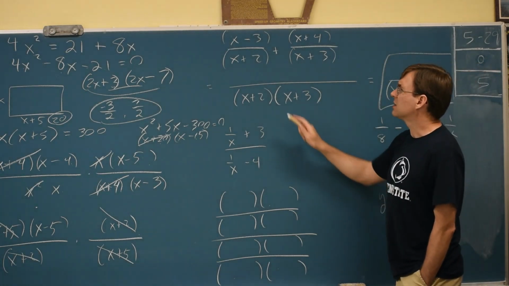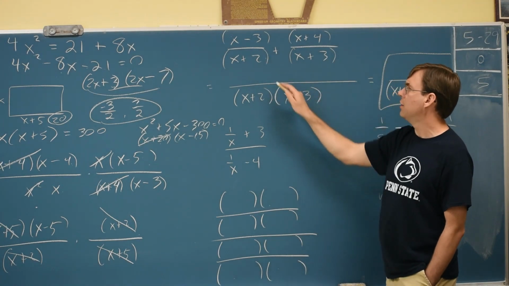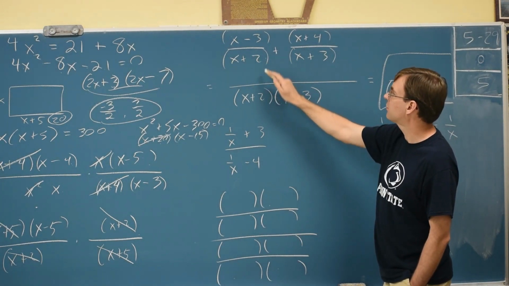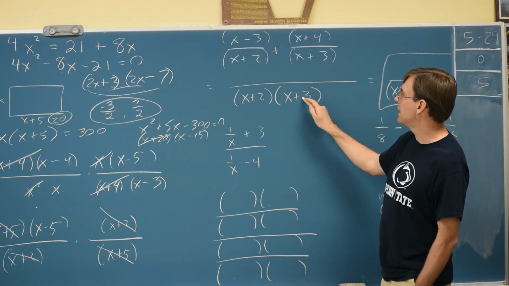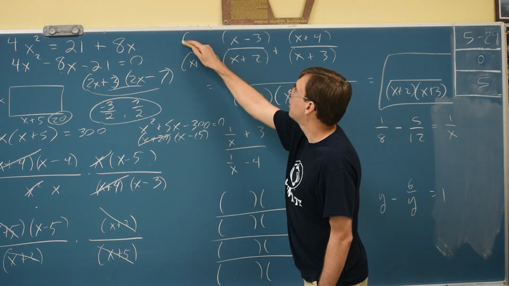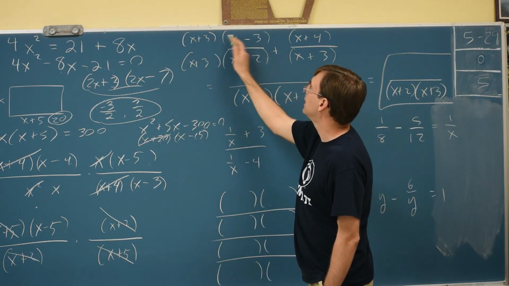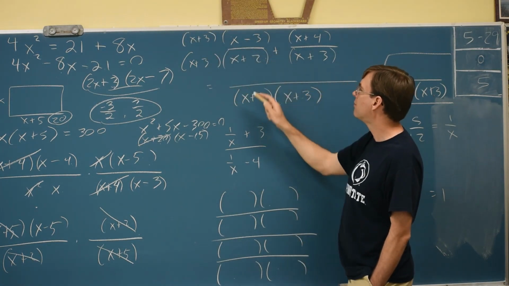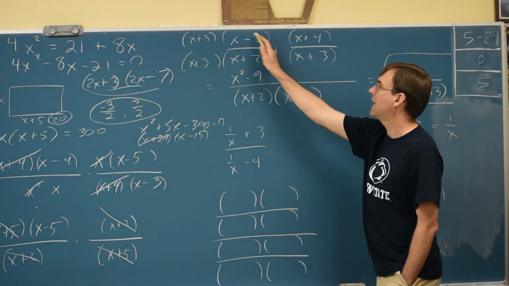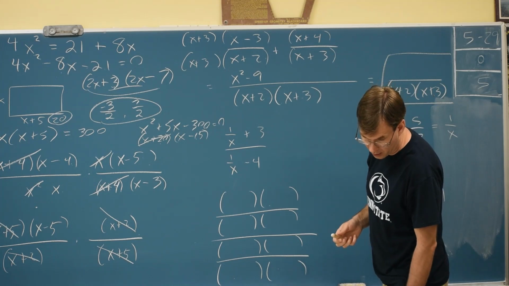When we do fraction stuff, whatever you're going to multiply new on the bottom, you also have to multiply on the top. So for this fraction, an x plus 3 is coming in on the bottom. So an x plus 3 also needs to FOIL in with the top. And that would get us an x squared minus 9 if you FOIL the top out correctly.